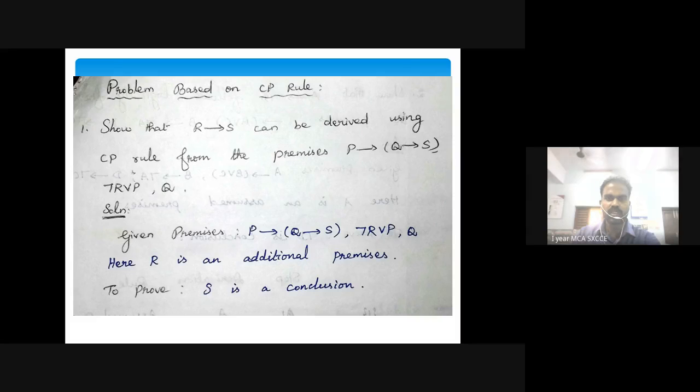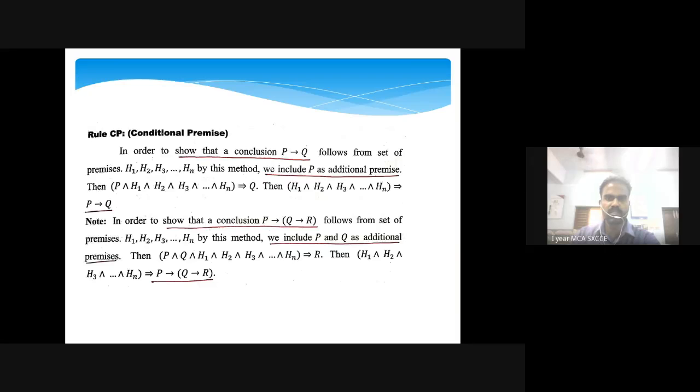So yesterday we have studied CP rule, okay? In CP rule, to show the conclusion P goes to Q, we already have a set of premises H1, H2, H3, etc. Hn as the given premises. In addition to that, we have to include P as the additional premise.